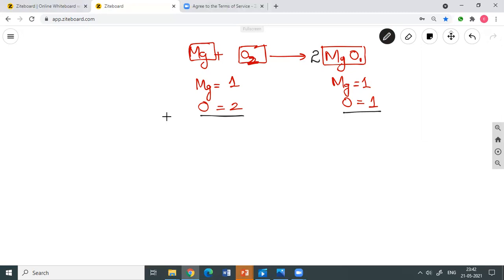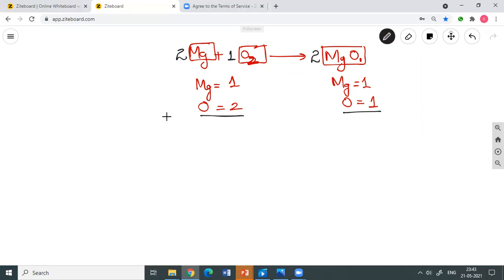Magnesium has become 2 on the product side, so quickly we'll keep 2 here so that magnesium is balanced. So when a magnesium ribbon burns, 2 moles of magnesium will burn with 1 mole of oxygen to produce 2 moles of magnesium oxide. Balancing is always done with a number outside of the box, not inside of the box.